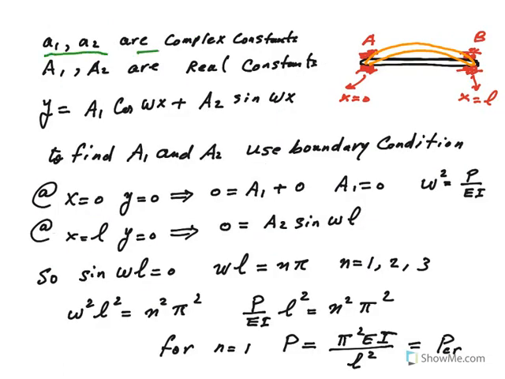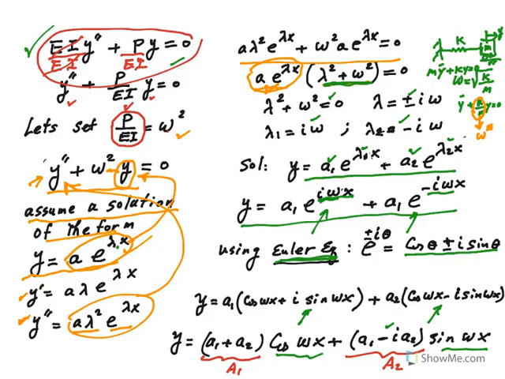Now, a1 and a2 actually are complex constants. That's why we don't want to deal with lowercase a1 and a2. But a1 plus a2 becomes a real constant, and I can show this to you quickly. If you determine them by boundary conditions, they are complex conjugates. So for example, if a1 is 2 plus i3, and a2 is 2 minus i3, because they're complex conjugates, what happens to a1 plus a2?